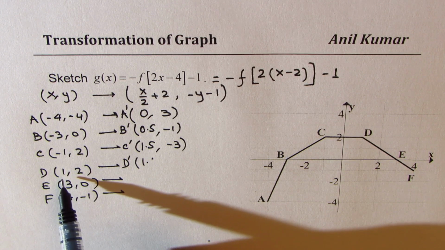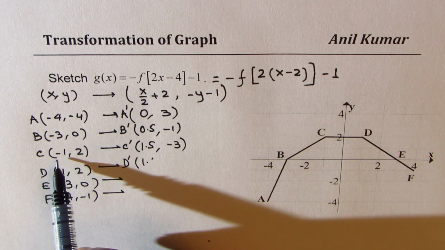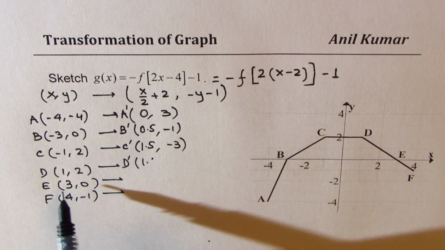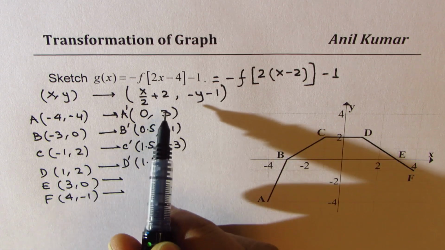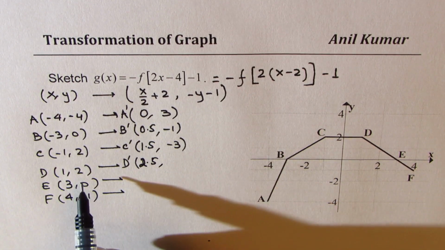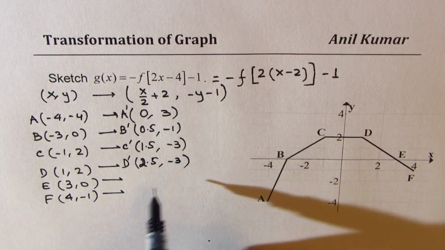Half of 1 is 0.5, so when you add 2, you get 2.5. The y value will be minus 2 minus 1, which is minus 3.